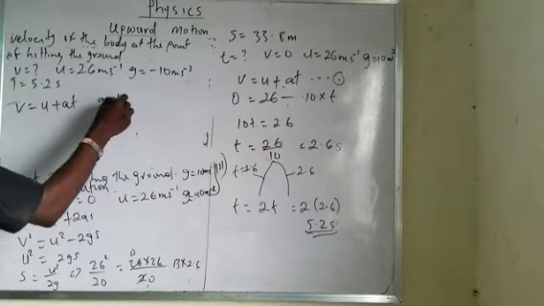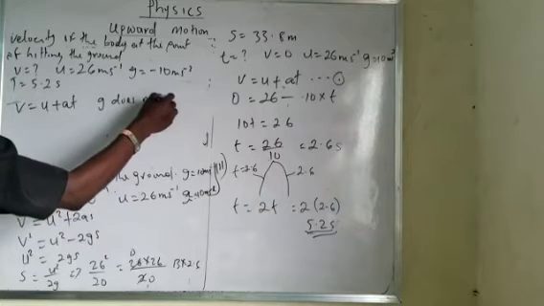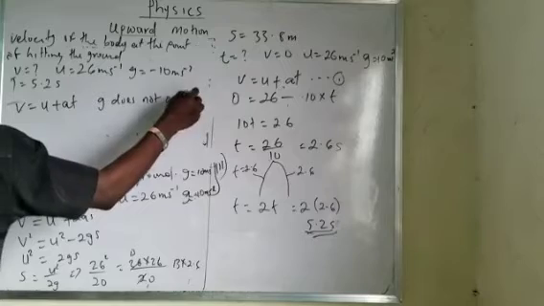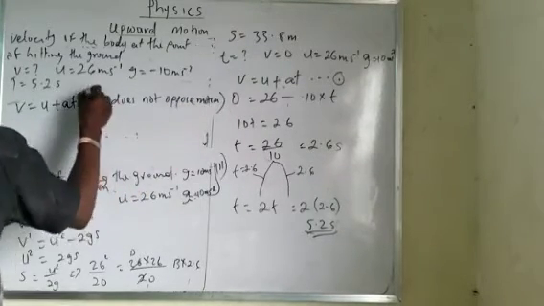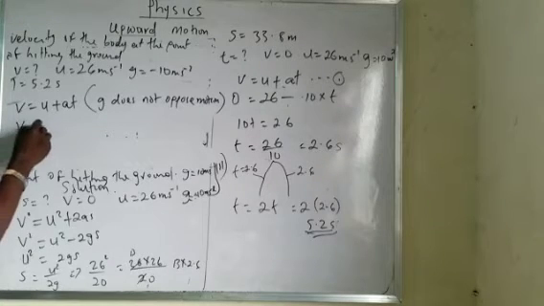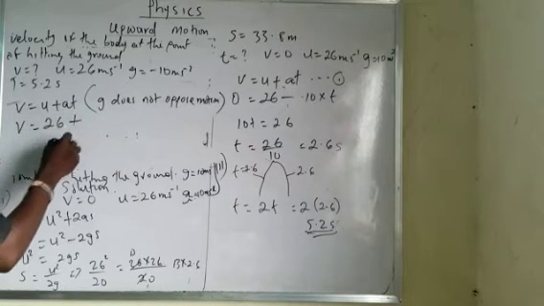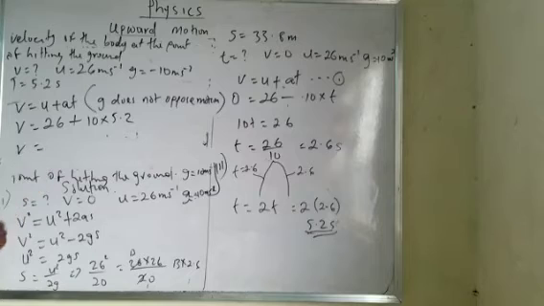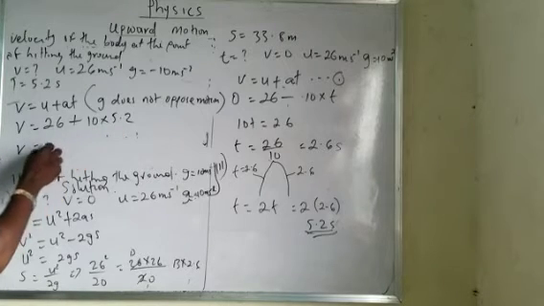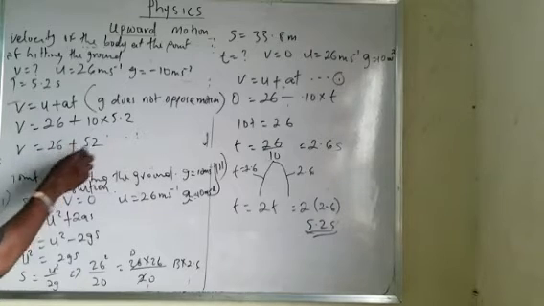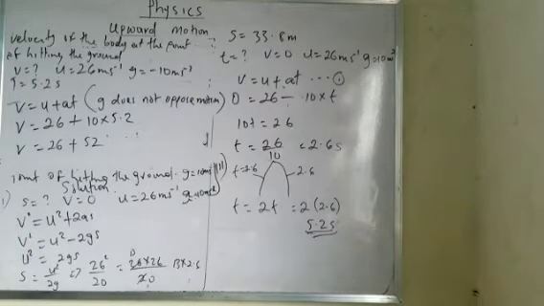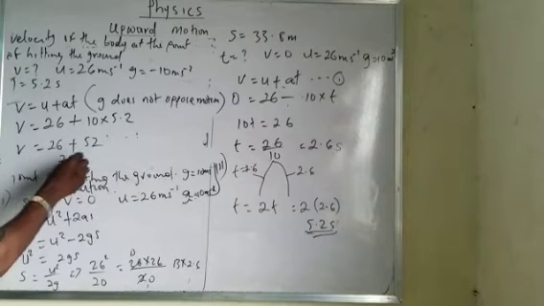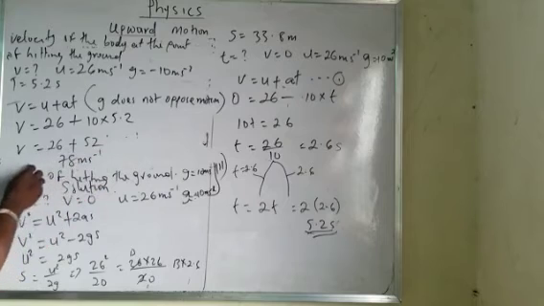Note, g does not oppose motion here. So my v equals 26 plus 10 multiplied by 5.2. 10 times 5.2 is 52, and 26 plus 52 is 78 meters per second. That is what we were asked to do there.